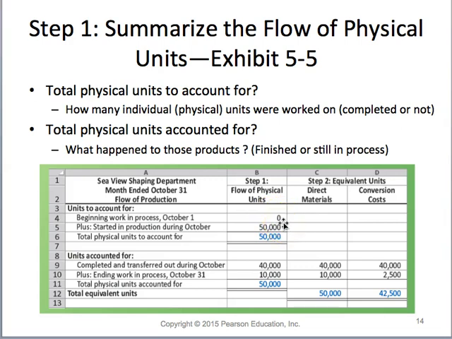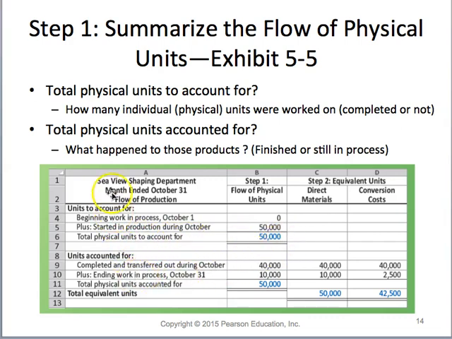Usually it's more, there's some numbers here, but here, let's say we just started. So we don't have anything at the beginning. And then we started production during this month. We have started work on 50,000 units. So this can be 50,000 pounds, 50,000 tons, 50,000 gallons, whatever the unit the company is using. So total physical units to account for is 50,000.